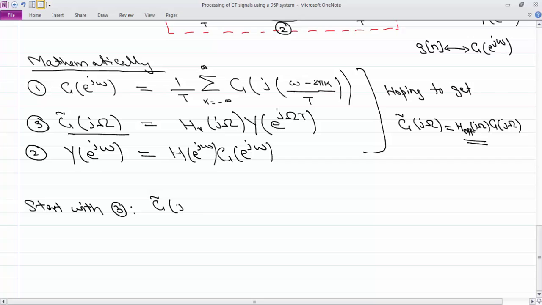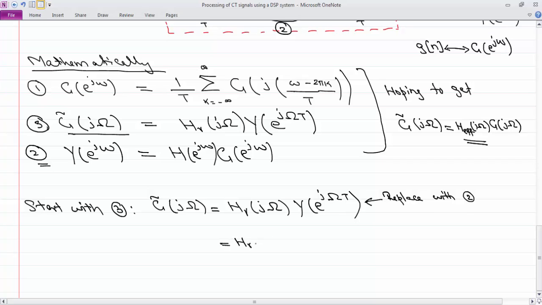So we have G tilde j omega equals Hr j omega Y of e to the j capital omega T. Now, from block 2, we know what Y of e to the j omega is. So I'll replace this with my answer in 2.